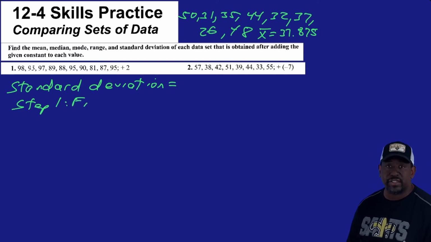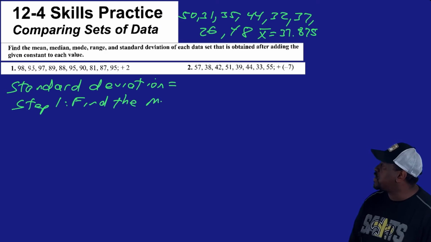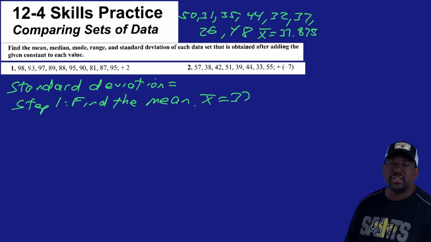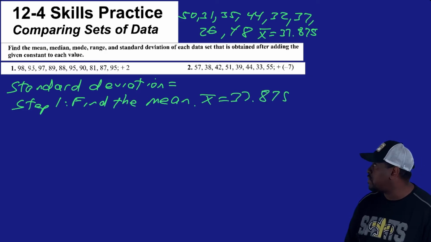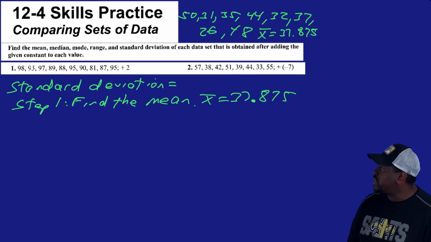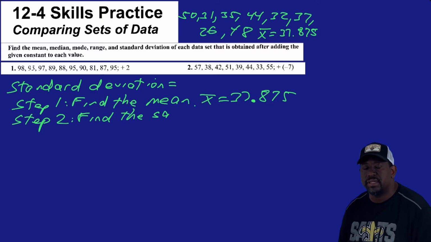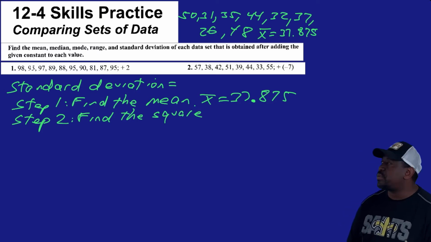We're going to follow steps like we did in a previous video. Step 1 says find the mean. We already have calculated that. That is equal to 37.875. Step 2 is we must find the squares of the differences between the mean and each data point.